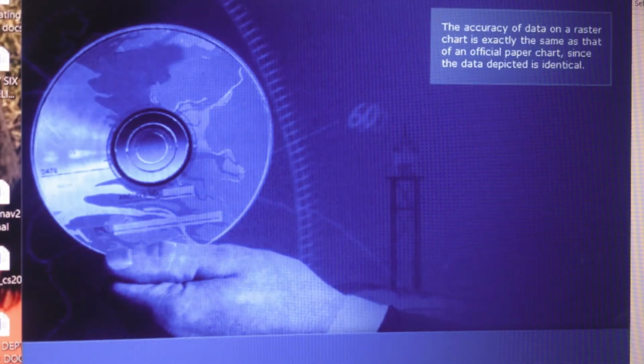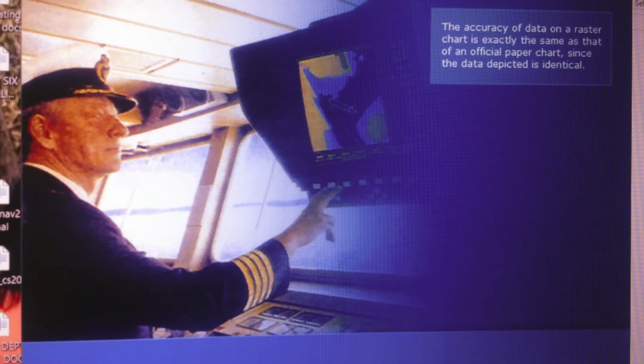The accuracy of data on a raster chart is exactly the same as that of an official paper chart, since the data depicted is identical. Electronic chart systems used to display raster charts convert the WGS84 coordinates obtained from a GPS receiver into coordinates referenced to the datum of the relevant raster chart.